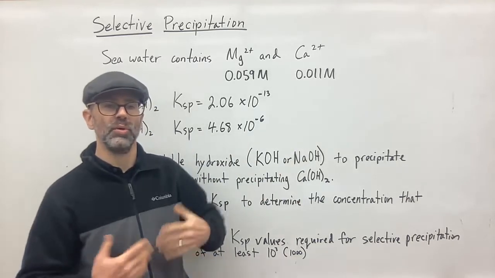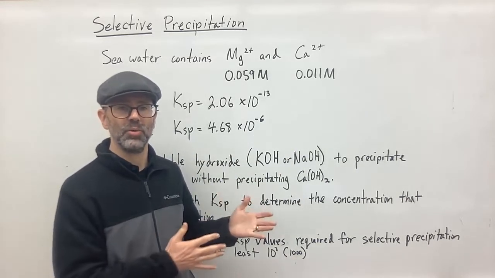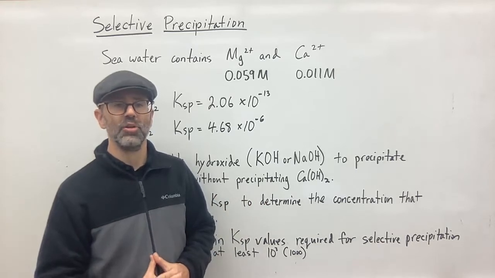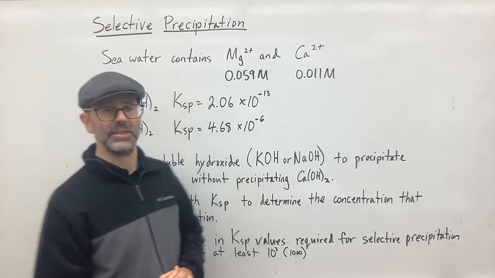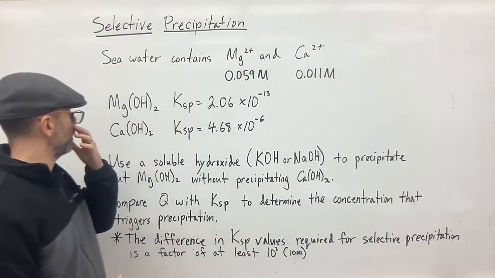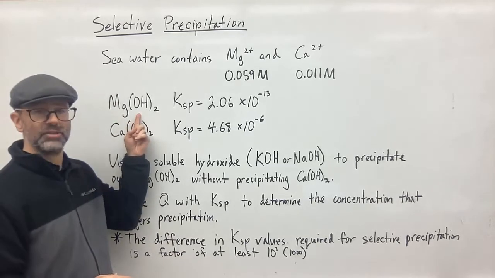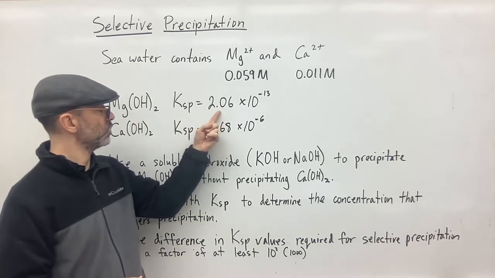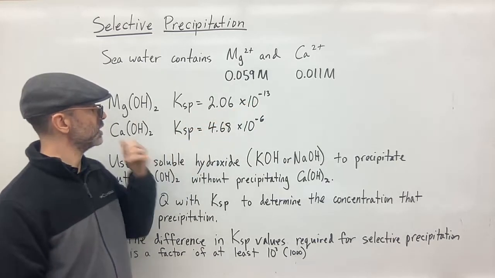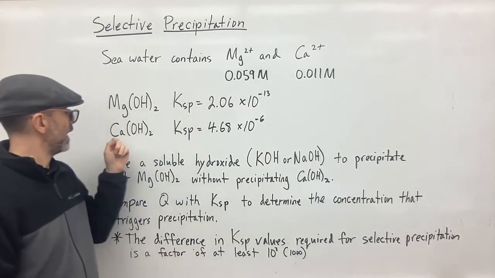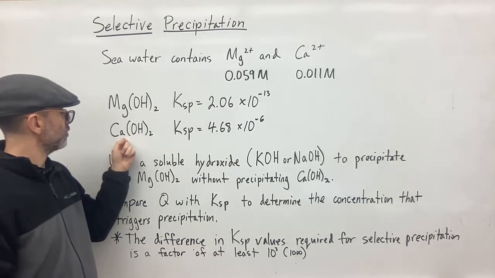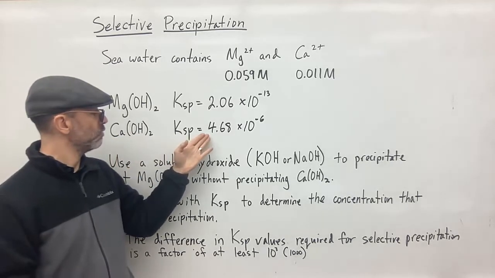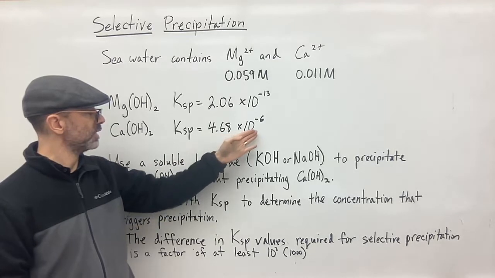And so we want to precipitate one without the other. And so the first thing we're going to want to look at is their KSPs. So notice here that magnesium hydroxide has a KSP of 2.06 times 10 to the negative 13. And calcium hydroxide has a KSP of 4.68 times 10 to the negative 6.